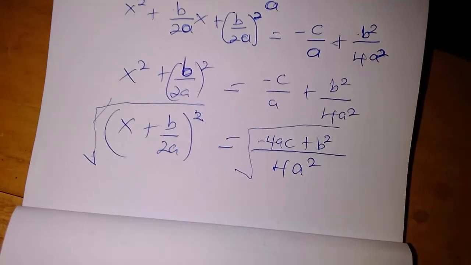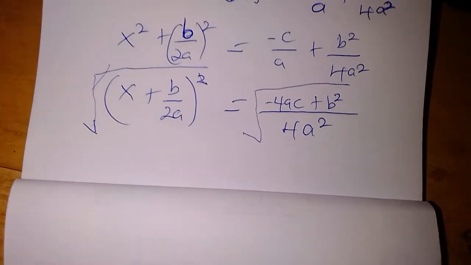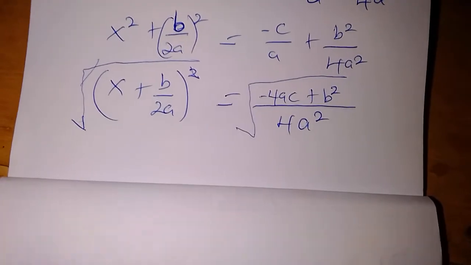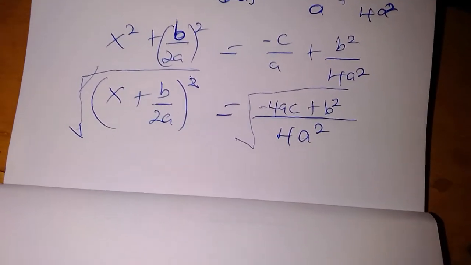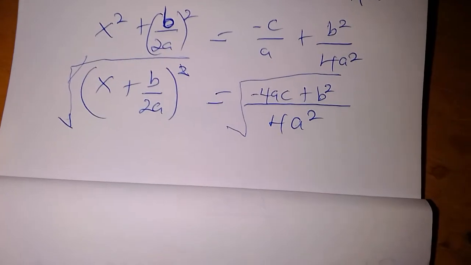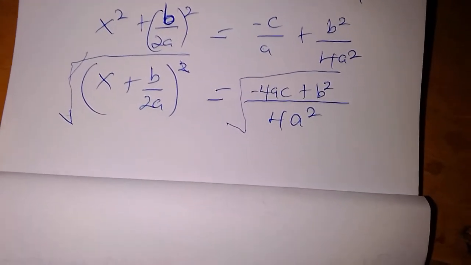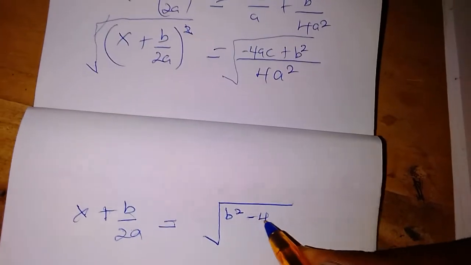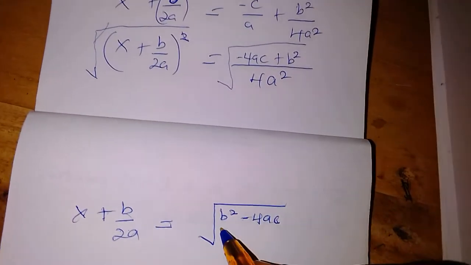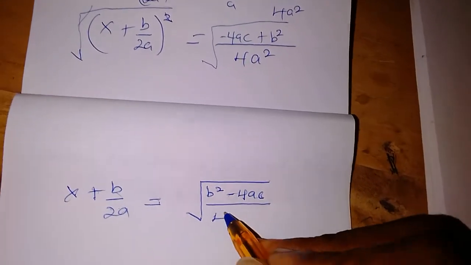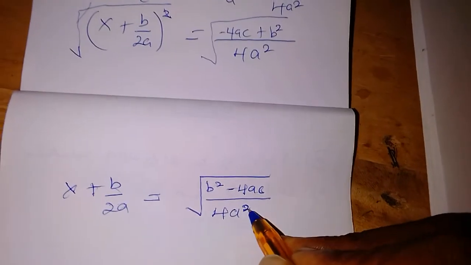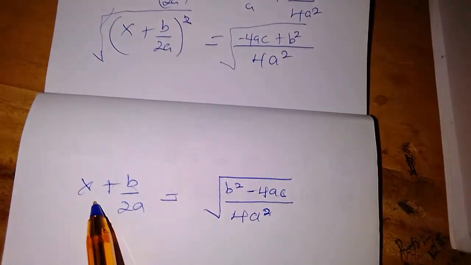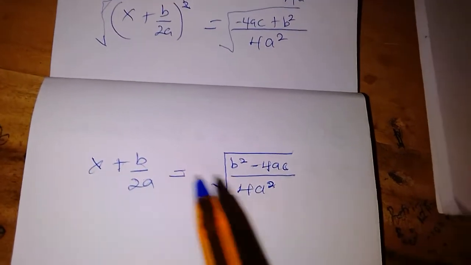So we have x plus b over 2a equal to square root of b squared minus 4ac over 4a squared.